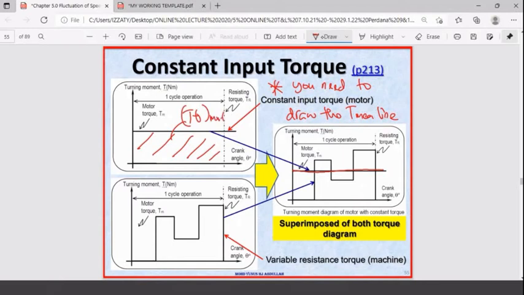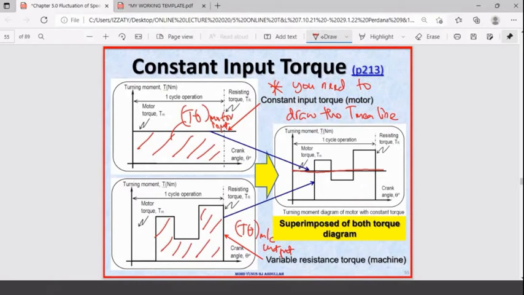You can put this one instead of the motor, as the input. This graph presented here is given by the machine, for example. So everything under this graph will be provided by the machine, as output. In general words, this one is for the machine or output, and this one is for the motor or the input.